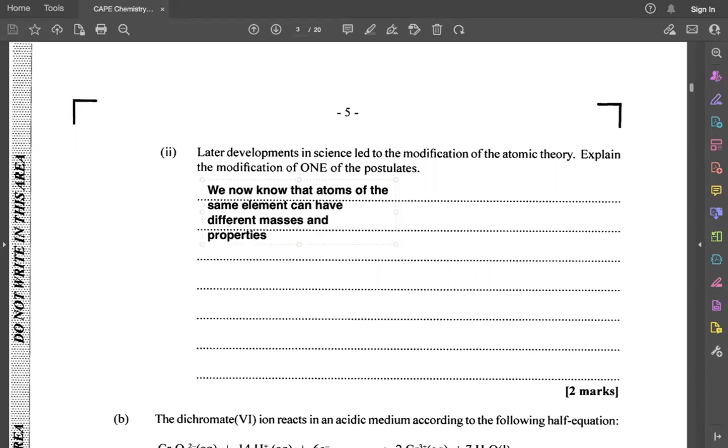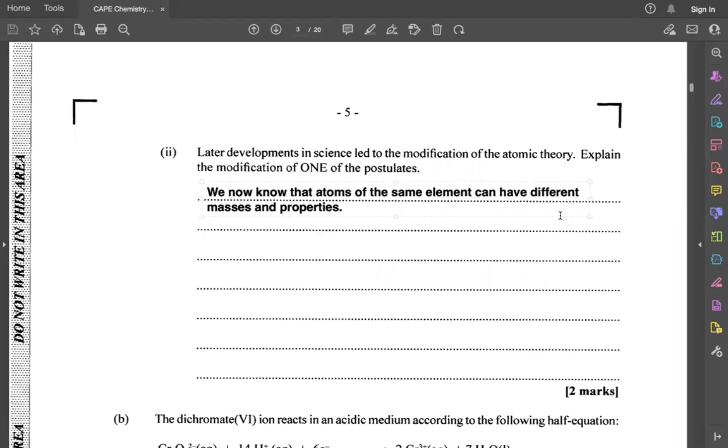So we now know that atoms of the same element can have different masses and properties, contrary to what Dalton postulated, that they had to all have the same mass and same properties. We now know that that's not true. And so this is something that we see in isotopy, right? This is seen in isotopes.